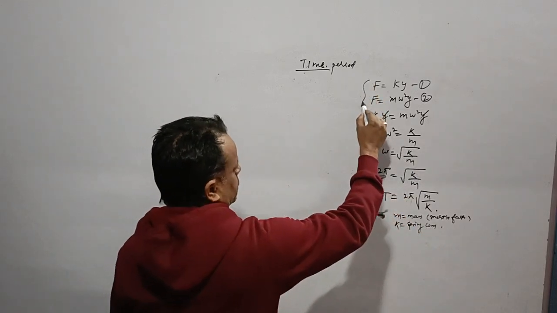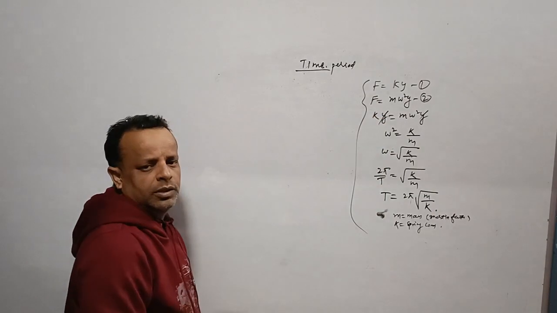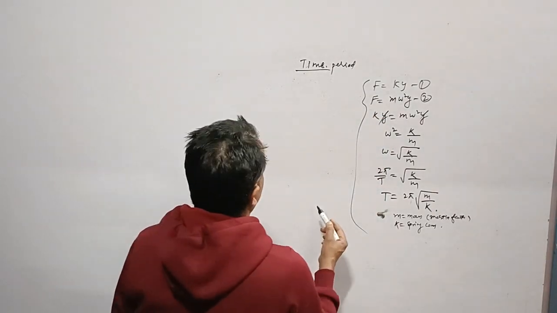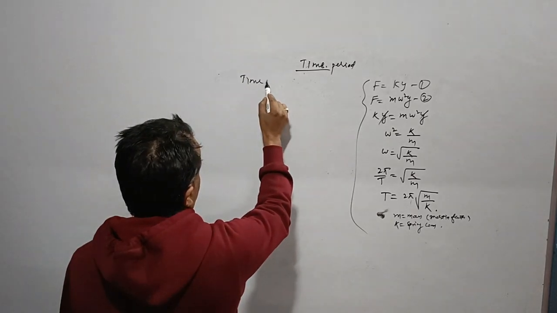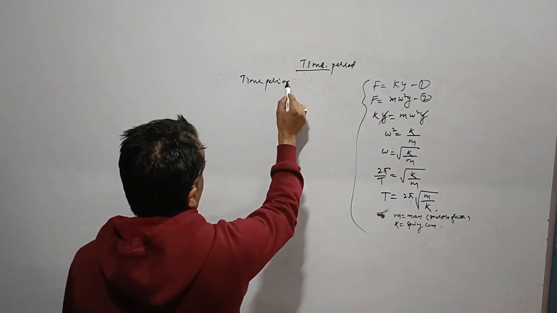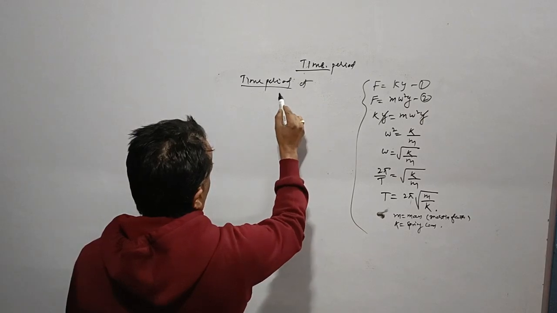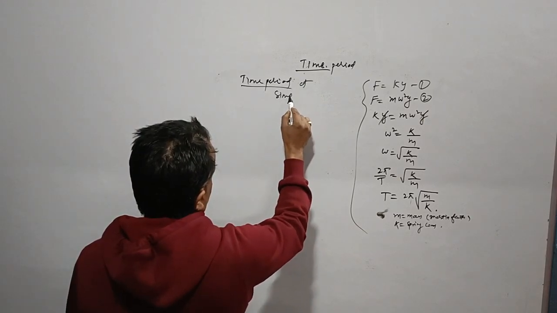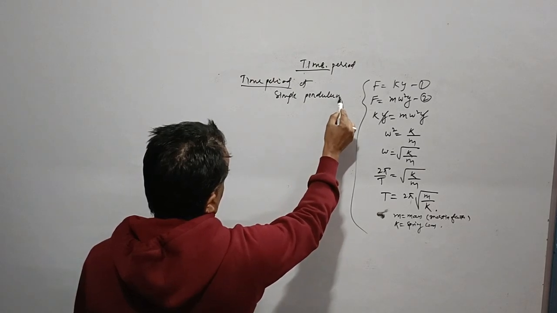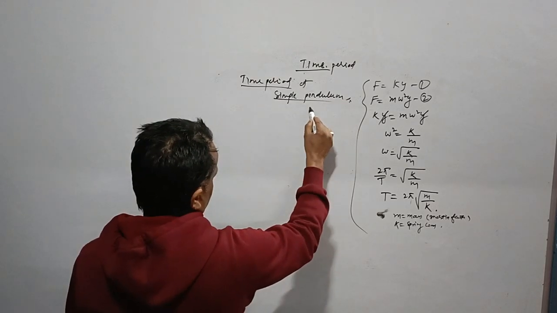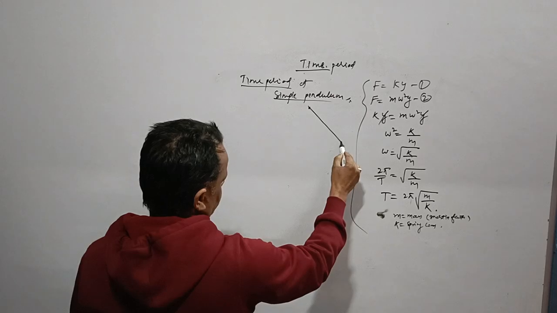Let us suppose we have to find the time period of a simple pendulum. In that case, let us suppose this is the pendulum.